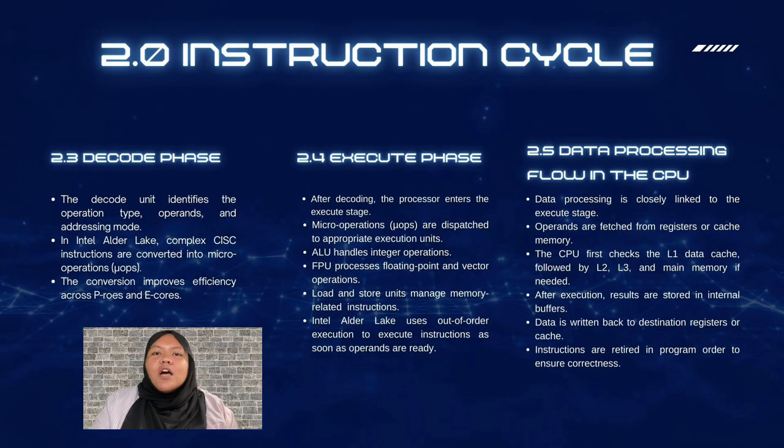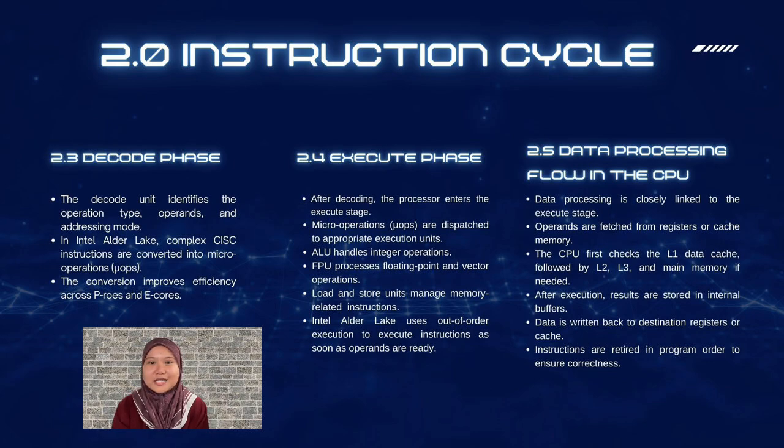This conversion allows efficient execution across the hybrid architecture, which includes performance cores and efficiency cores. During decoding, register renaming is also performed to eliminate false dependencies such as WAR and WAW hazards, enabling higher instruction-level parallelism. The decoded micro-operations are then placed into internal queues, where they are prepared for scheduling and execution.